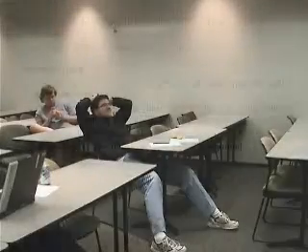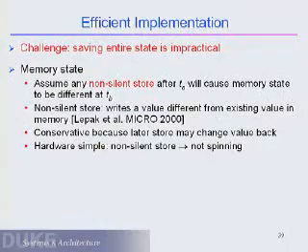Clearly, saving all the processor state is impractical. So we're going to solve this problem separately for memory state and register state. For memory state, we assume any non-silent store after time ta will cause the memory state at time tb to be different from the original state at ta.